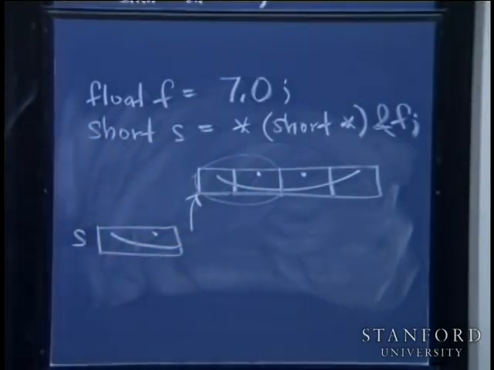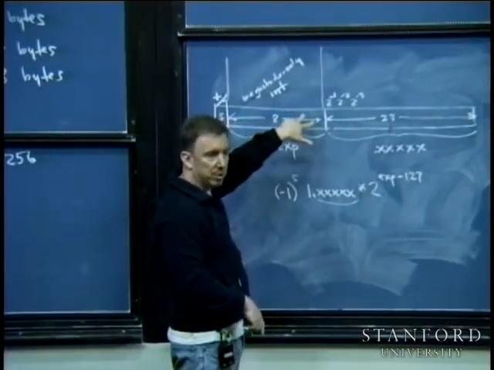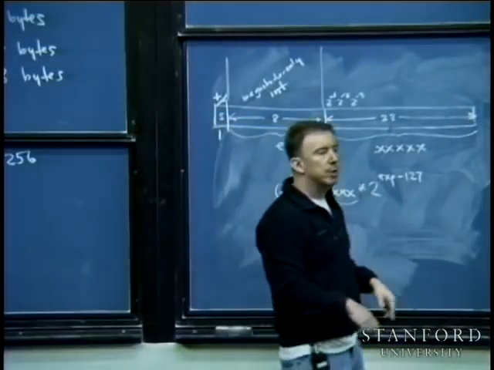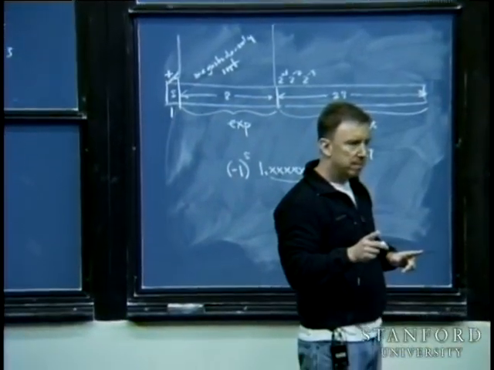Whatever bit pattern that happens to correspond to in the short integer domain is what it is. So when we print it out, it's going to print something. 7.0 means that there's probably going to be some non-zero bits right here, so it's going to have ones in the upper half of the representation. So s is going to be non-zero, I'm pretty sure of that. Does that all make sense to people?